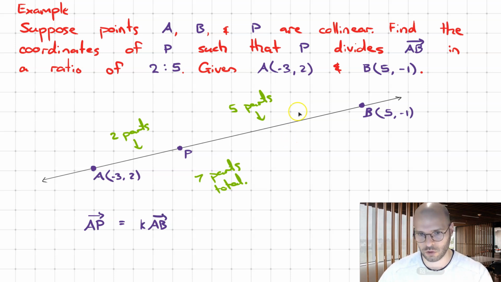Now the scalar multiple itself is going to be bound by the parts and the total amount of parts we have. We have a total of 7 parts, and therefore we have 2 parts in length to describe AP relative to AB. So AB has been scaled by 2/7. This equation over here is going to reveal the location of point P.